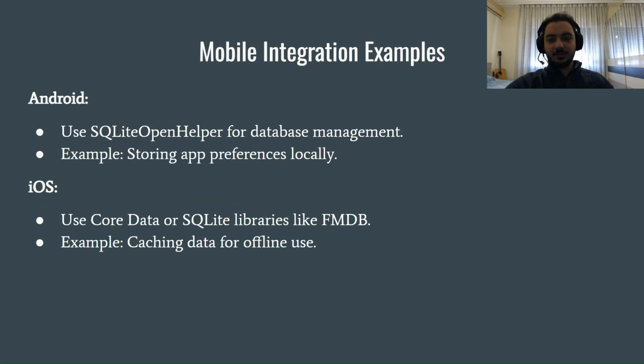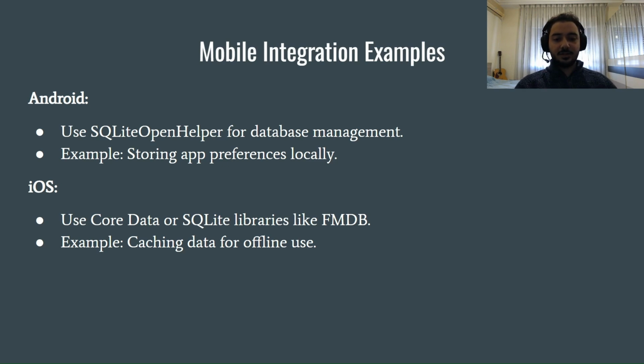I'll be giving you some examples on how to integrate mobile databases. More specifically, how to integrate the SQLite mobile database. SQLite integrates easily with mobile platforms. On Android, you can manage databases using SQLiteOpenHelper, a built-in tool that simplifies database management.